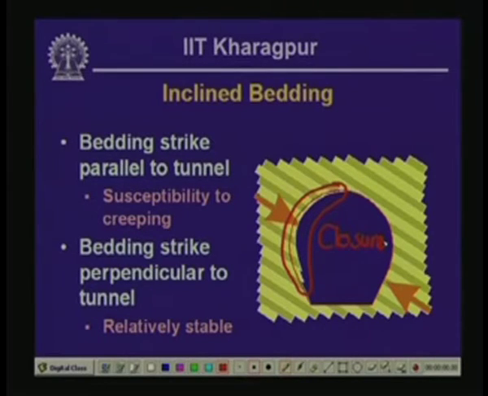This cross section is actually taken from a real life problem. There recently a headrace tunnel more than 27 kilometers long was constructed in Himachal Pradesh as part of a project called Nathpa Jhakri.